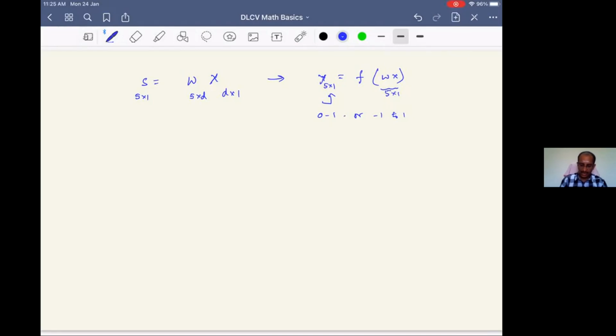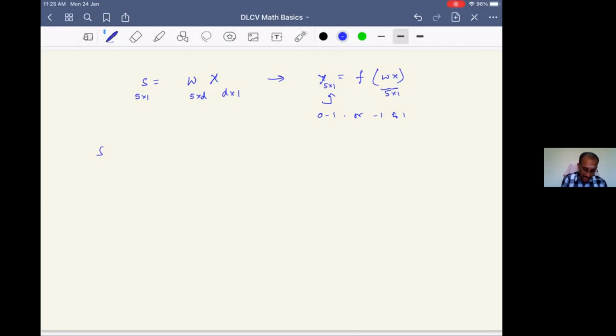So now let's bring in a little bit of the math that is required, before going to the optimization function, that is, finding out the minima and maxima and so on. If you would like to define similarity between two vectors, how do we define it?